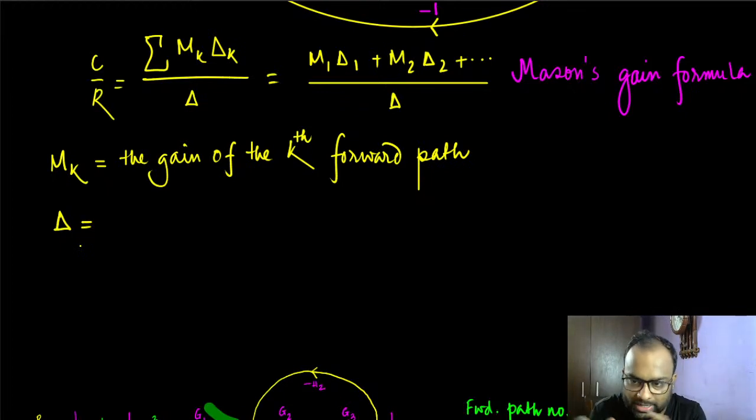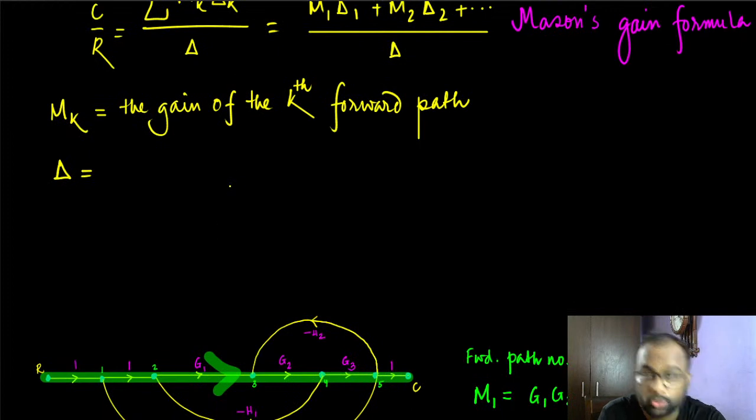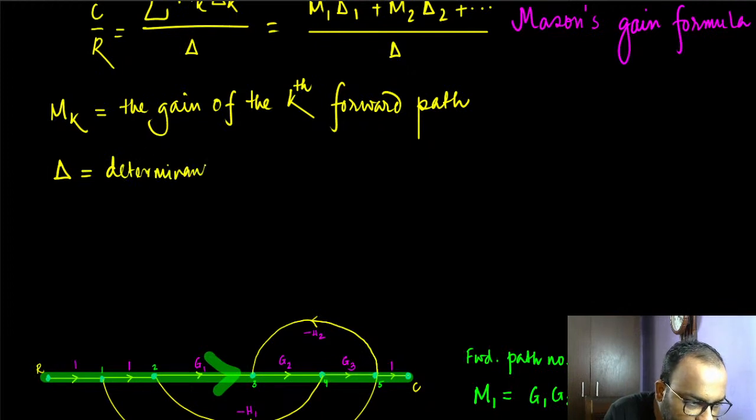In case you have studied graph theory, there are certain matrices called adjacency matrices and incidence matrices. So graphs can be represented through matrices, and this delta is called the determinant of the graph.